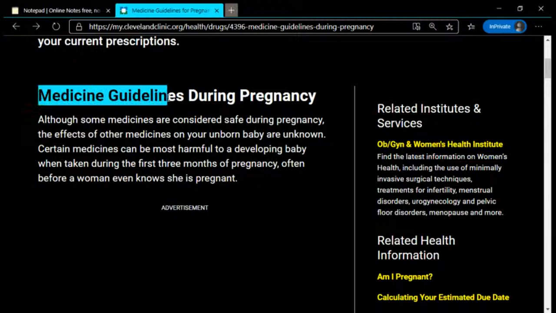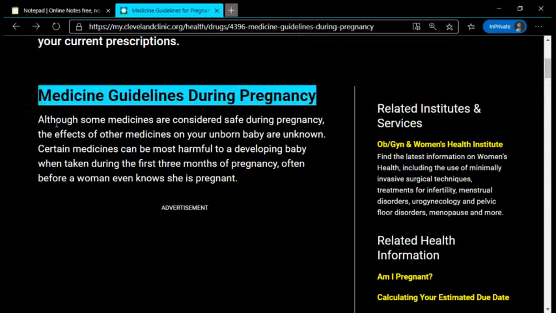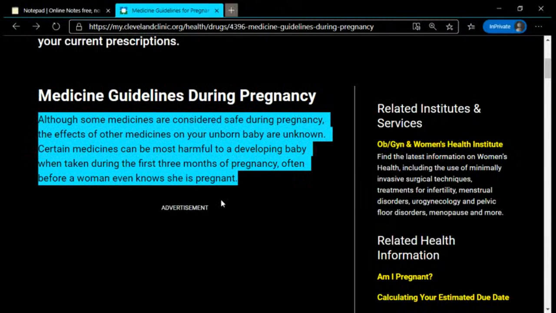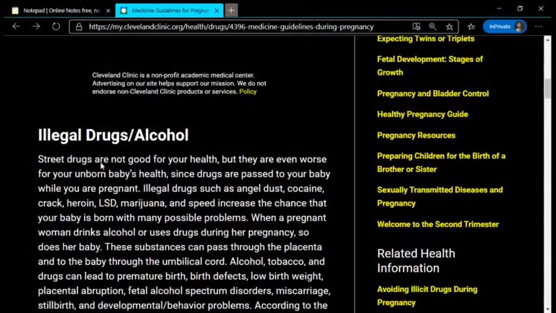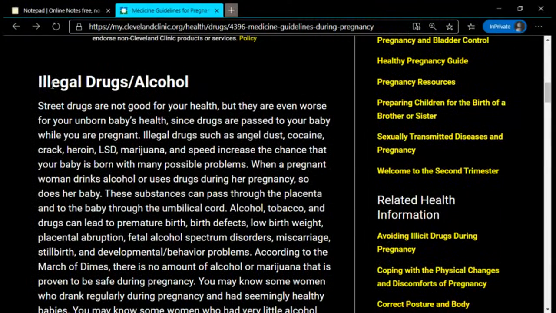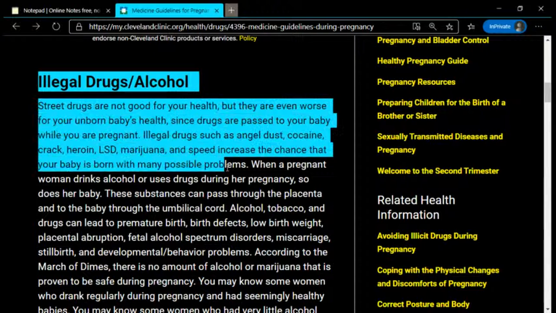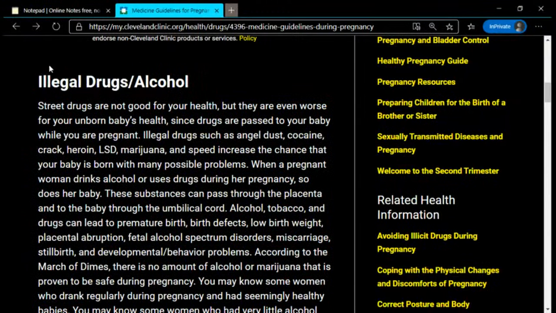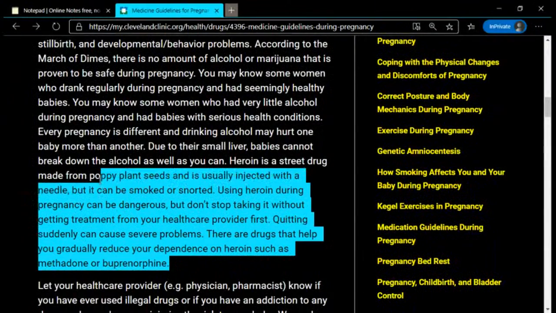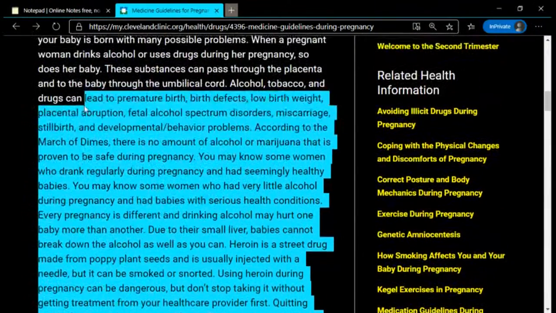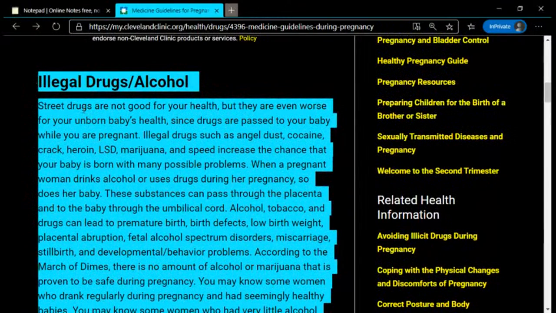It says here medicine guideline during pregnancy, although some medication, etc., which is the same we've already talked about. This part is talking about illegal drugs in pregnancy, like alcohol and others that could affect the baby. Let's read it.